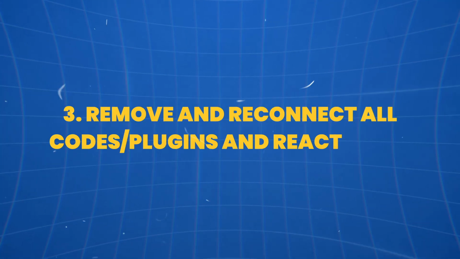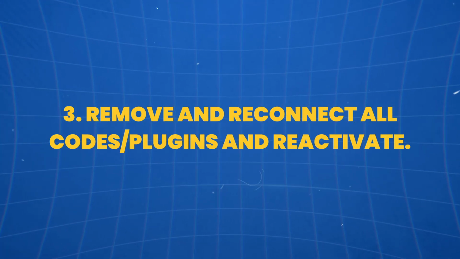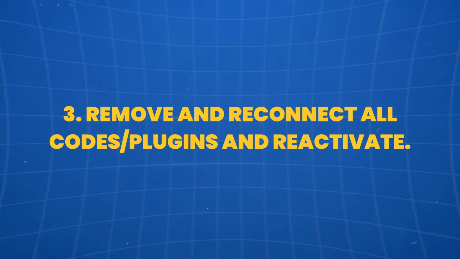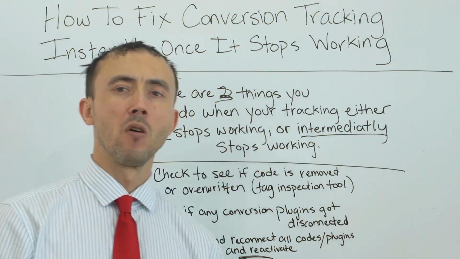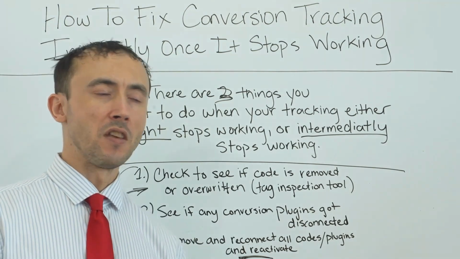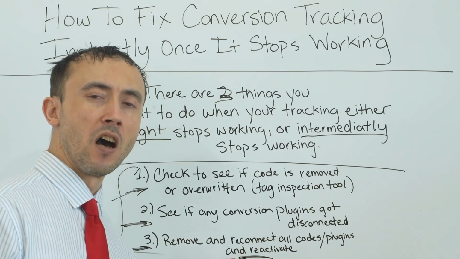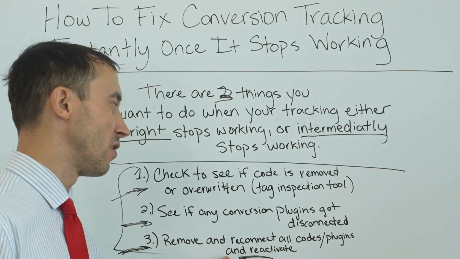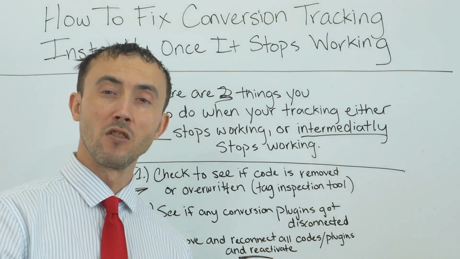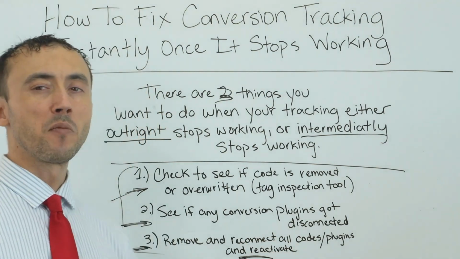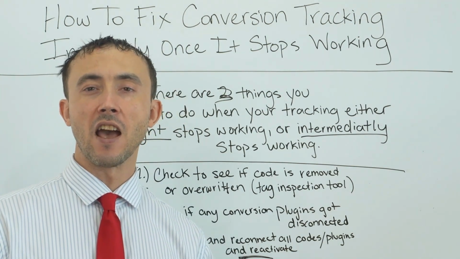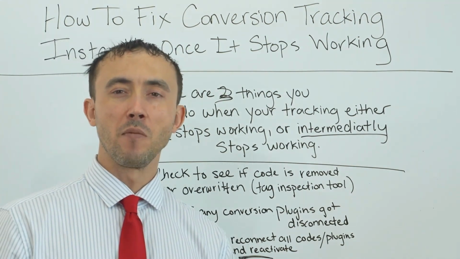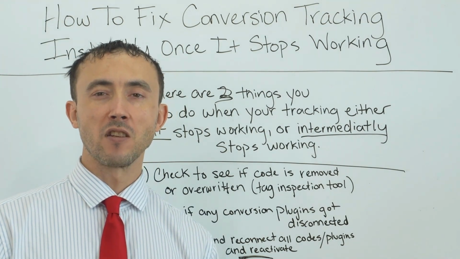And then the third thing that you're going to do is remove and reconnect any codes or plugins, and then reactivate the plugins themselves. So what this means is, and this is the big secret of fixing the tracking more than anything else that people in the industry do know about. For some reason, I'm not a programmer, so I didn't ask my tracking manager the technical reason for this.